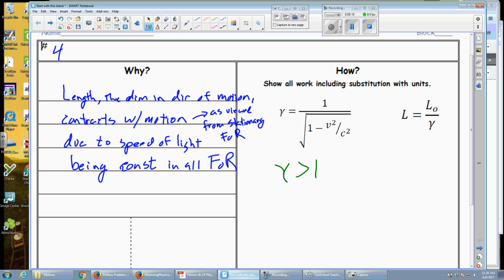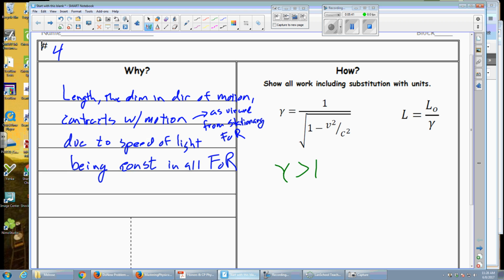V is 0, so 0 over c is 0, 1 minus 0 is 1, the square root of 1 is 1, and 1 over 1 is 1. So if you're not moving, gamma is 1. If you were moving at the speed of light, it'd be undefined. Every other time it's greater than 1.